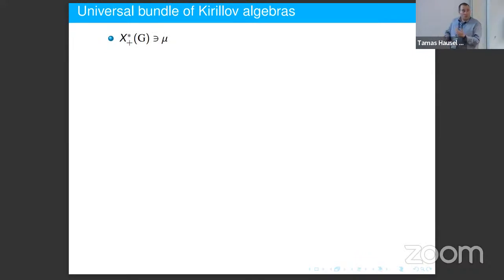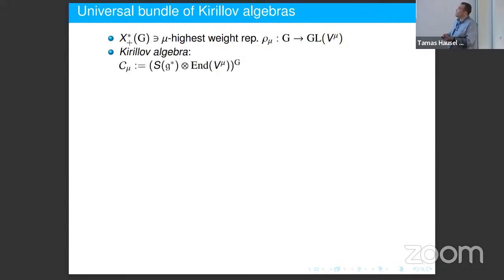So this is some construction using highest weight representations of Lie groups. We take a semisimple Lie group in this case, and we take a highest weight representation to which we will attach a Kirillov algebra, which is the tensor product of the symmetric algebra on the dual of the Lie algebra with the matrix algebra on the representation, and we take G-invariants.